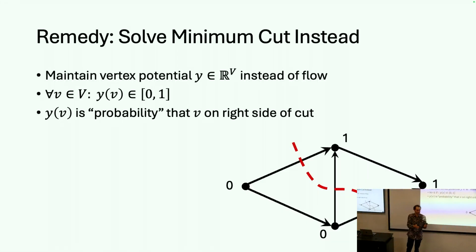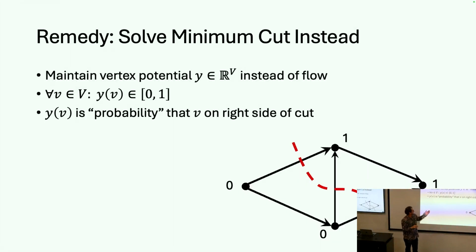Like if I give you a current cut, this cut still exists. And if I delete edges, cuts only get better. So you can, instead of solving max flow, solve min cut and get some of the nice properties that we had in this primal case.